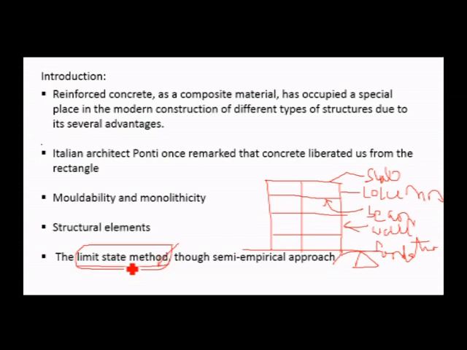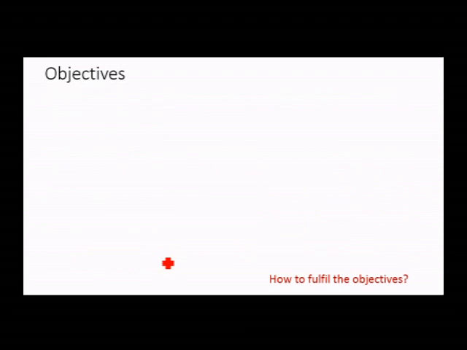There are some constraints and applicabilities of both methods that will be discussed in our coming classes. Coming on to the objectives of the design of reinforced concrete structures, every structure has its own form, function and aesthetics.